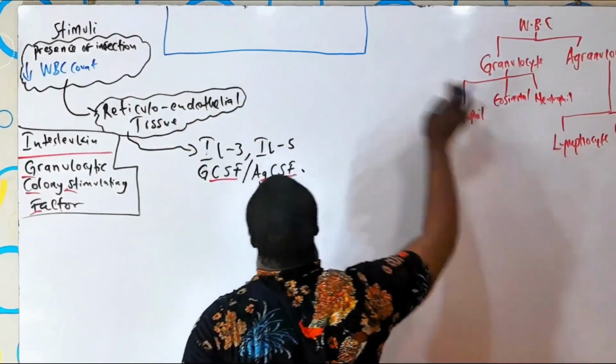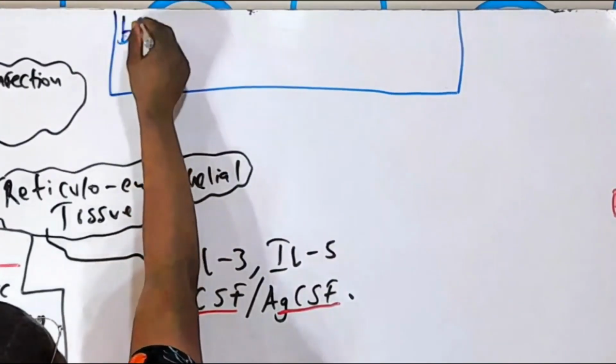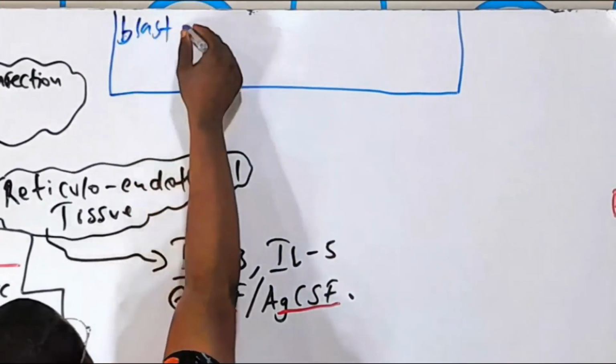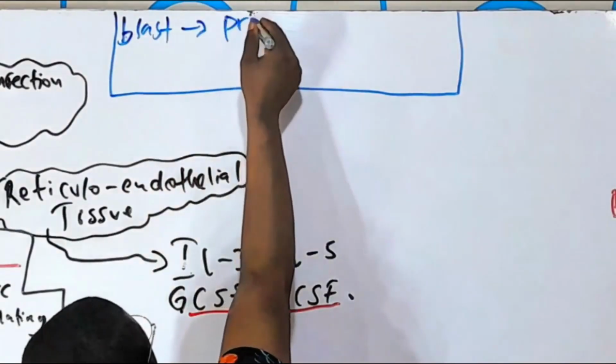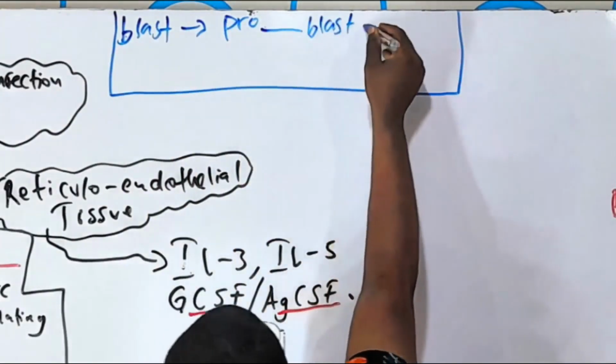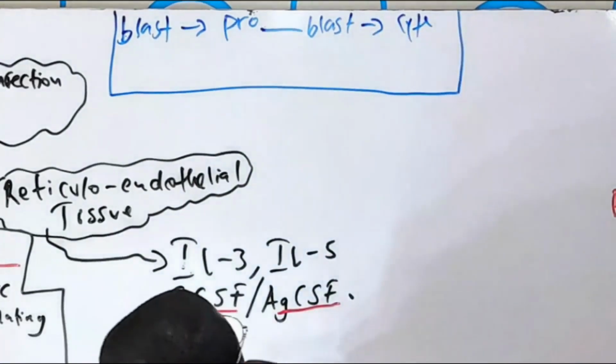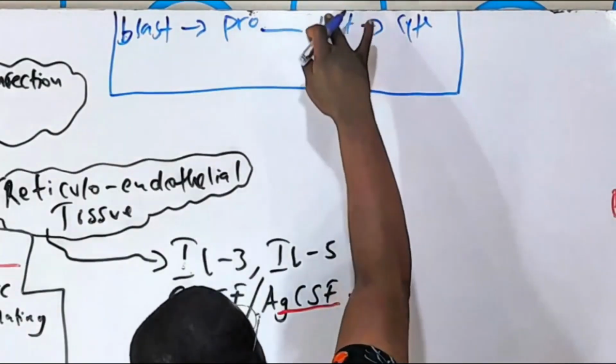Development of these guys will always pass through a blastic level. Let's say a blast. From blast, it goes to pro-blast. And then it goes to site. Excuse me? No, it goes to pro-site, not pro-blast.